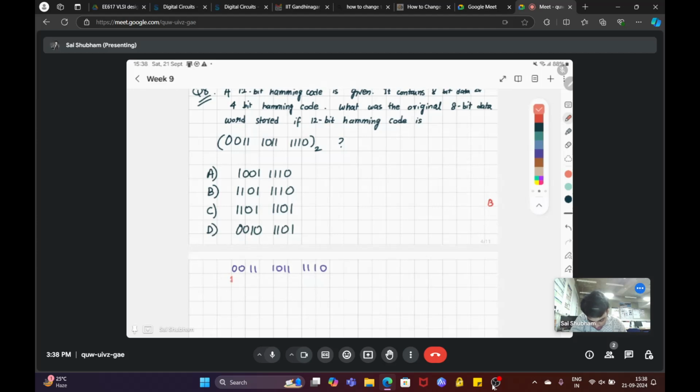It starts with 1 2 3 4 5 6 7 8 9 10 11 12. Okay. Positions are 1 2 4 and 8. So if you remove them, you are getting 1 1 0 1 1 1 0 1 1 1 1 0. So this is your answer.